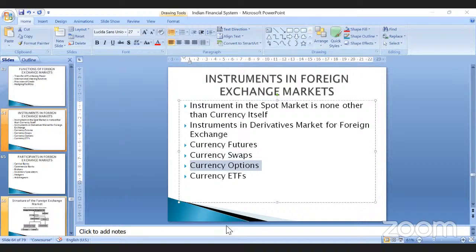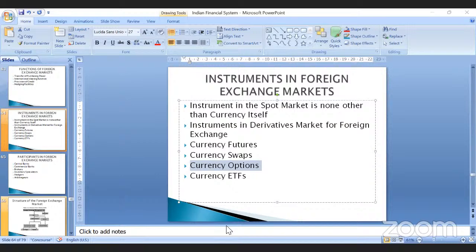Next, we have currency ETFs, exchange traded funds. These are also one of the instruments used in the derivatives market, or in the foreign exchange market. Currency ETFs purchase the currencies of different countries based on calculated predictions.